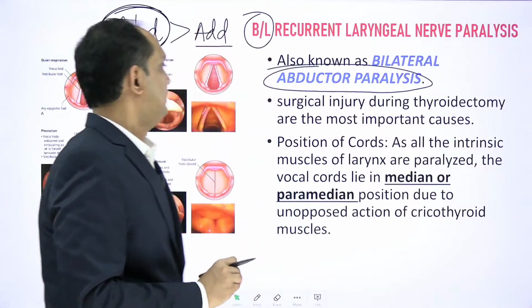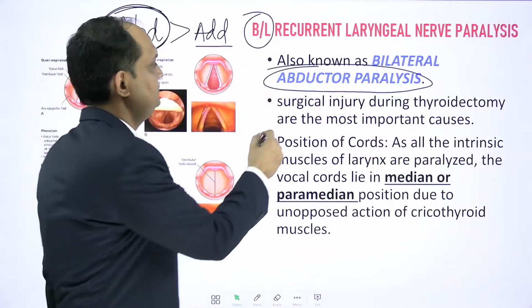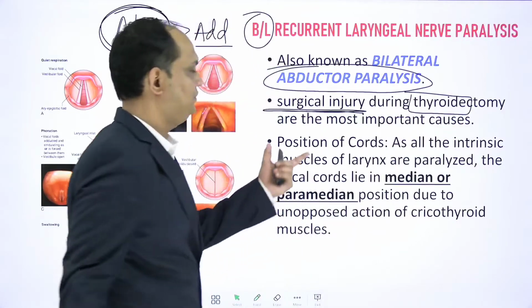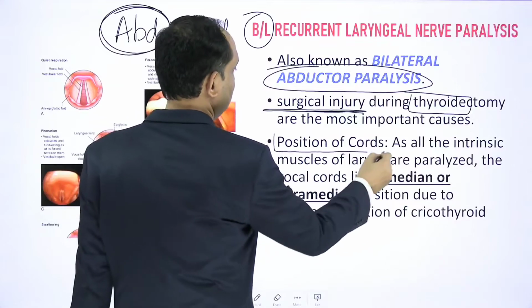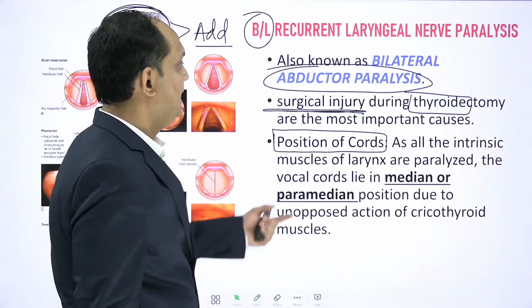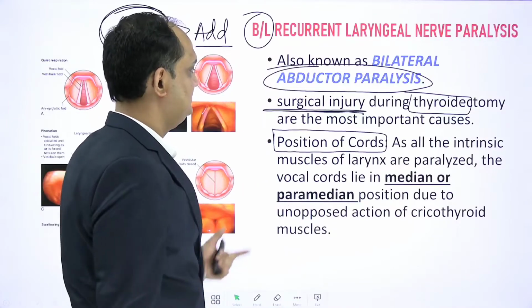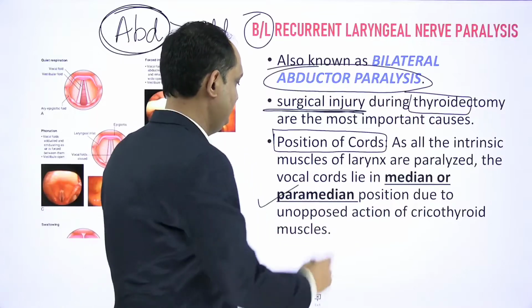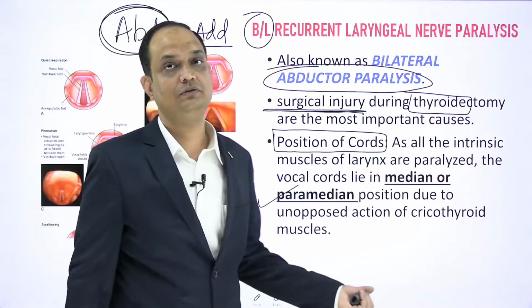Clear? So surgical injuries are the most common cause, which is thyroid surgery. Position of the cord: what will be the position of the vocal cord if the bilateral recurrent nerves are paralyzed? As all the intrinsic muscles of the larynx are paralyzed, the vocal cord lies in the median or paramedian position due to unopposed action of the cricothyroid.